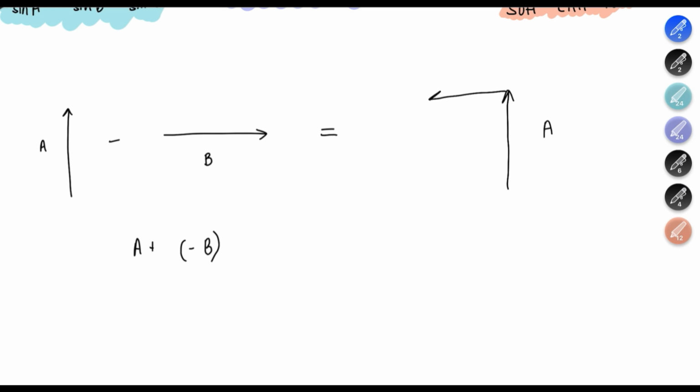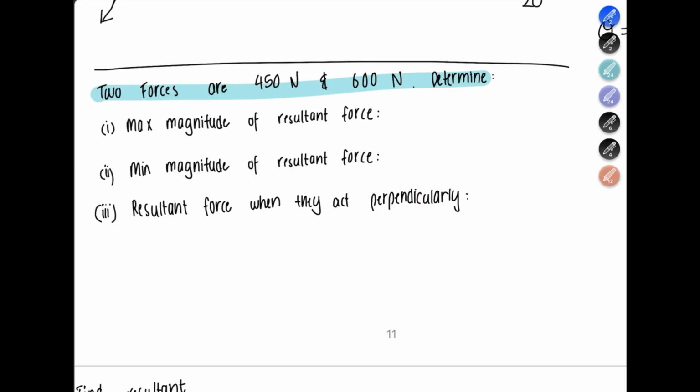You will make it like this. That is negative B. So what is the resultant from the starting point of A to the ending? Now this is your resultant. Notice how A and B are in one direction, and then the resultant is from the starting point to the final point. So that's important.